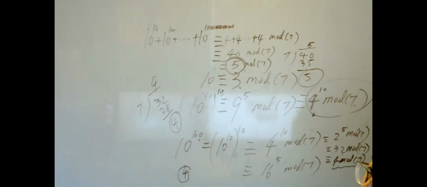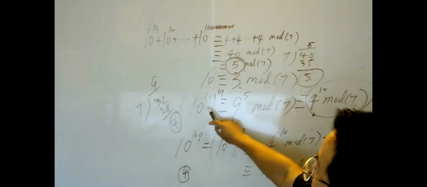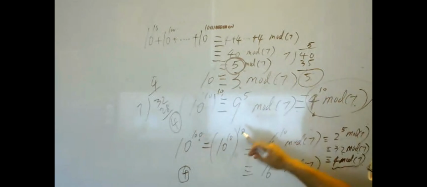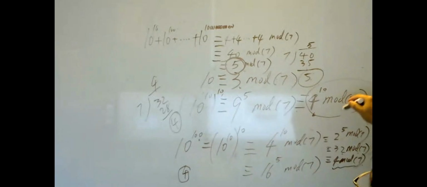And similarly, when you do the 10 to the 10th, you do another 10th. What we found, this becomes 4. You just keep doing 10th. It doesn't matter how many 10ths you did, as long as it's another 10th, it's still 4. It's going to be 4 again. Why?